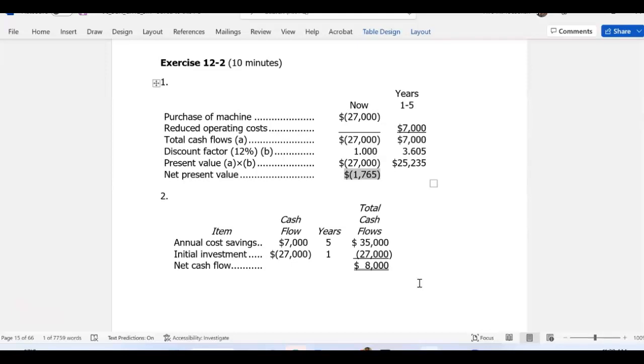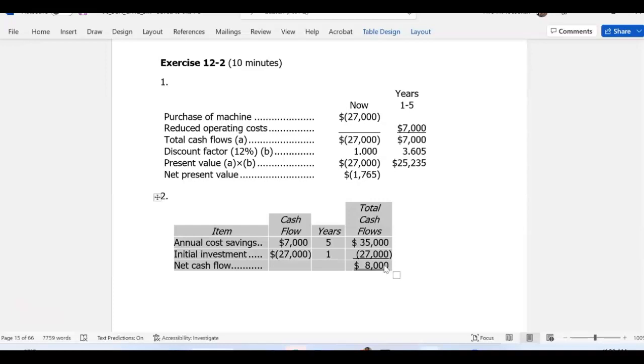If you don't consider the present value analysis, then 7,000 times 5 is $35,000, right? And then you say, oh my God, because I'm getting 35, but I spent only 27, that's $8,000 cash flow. Why not? That's a positive number, right? And yes, that's okay as long as you don't go to college and learn anything.